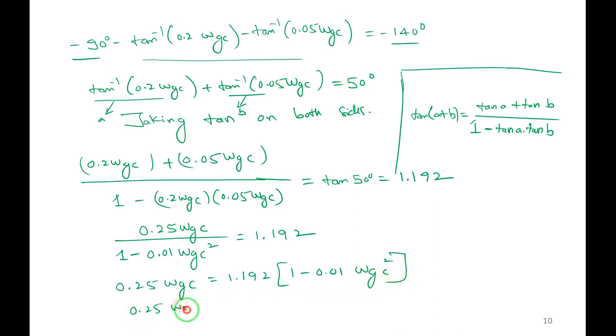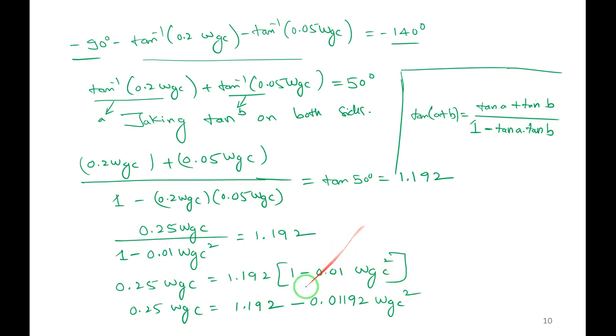So 0.25 omega gc is equal to 1.192 into 1, which is 1.192, minus 1.192 into 0.01, which is 0.01192 omega gc square.